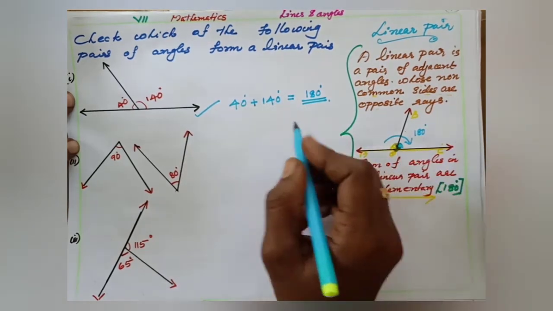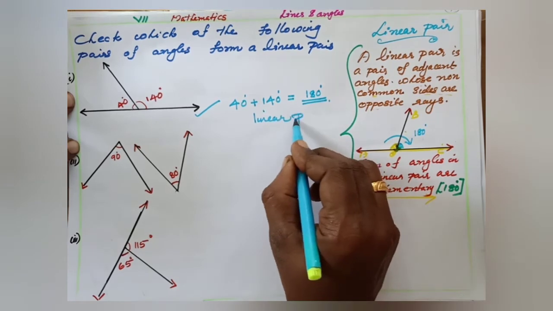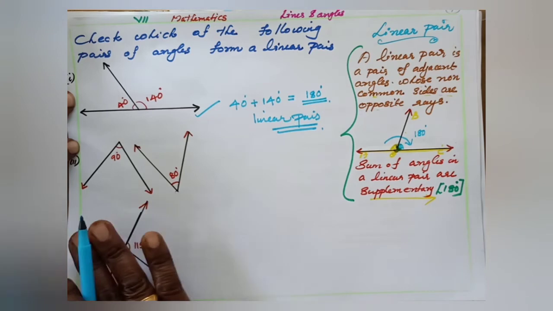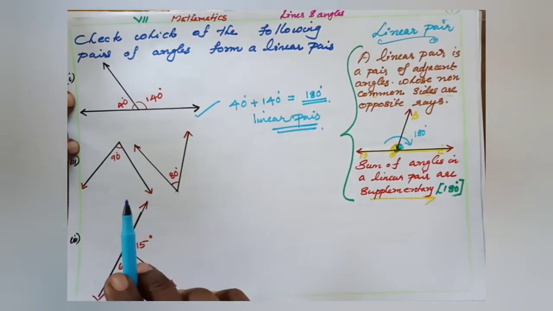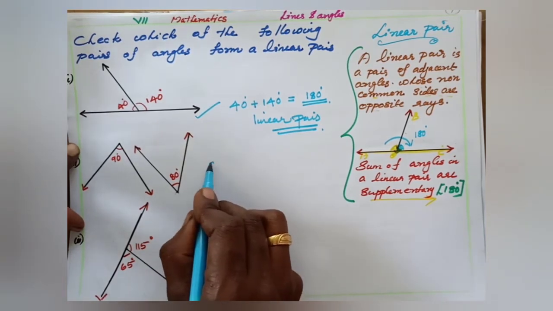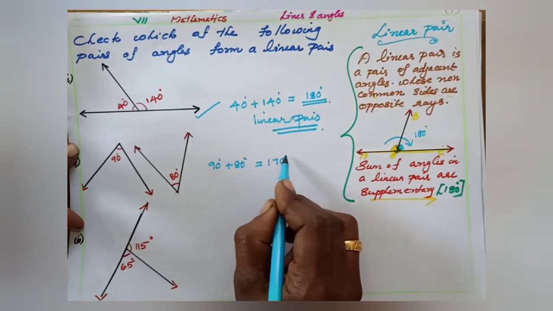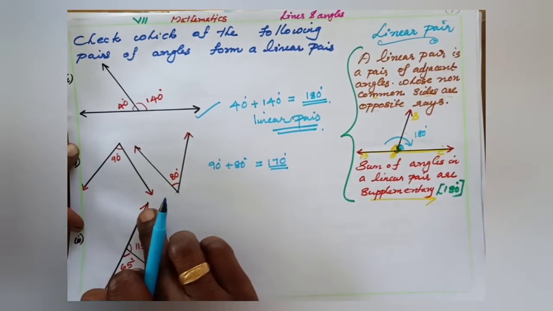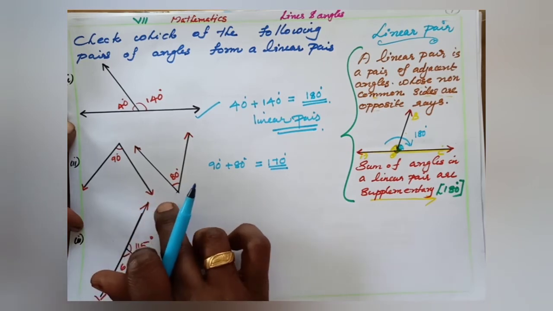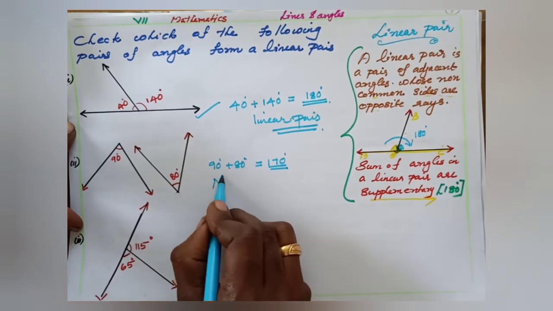So this is a linear pair. Next, two separate angles, 90 degrees and 80 degrees. Adding 90 plus 80 gives 170 degrees, not equal to 180 degrees. They do not have a common arm or common vertex, and the non-common arms do not form a straight line. So these are not a linear pair.